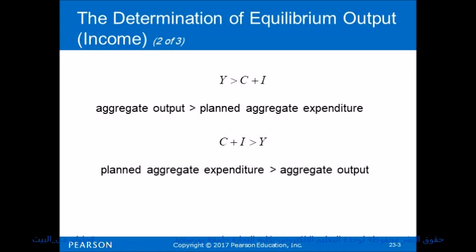Also, if planned aggregate expenditure exceeds income or Y, in this case, businesses will withdraw or decrease their inventories in order to restore equilibrium again.